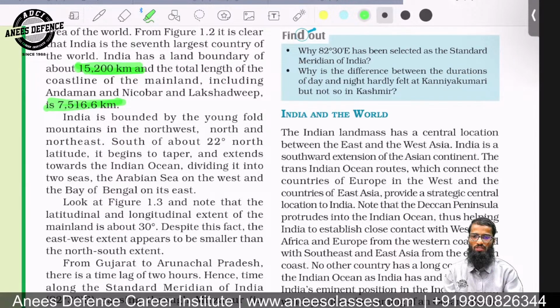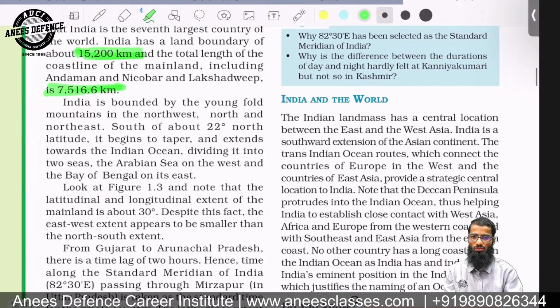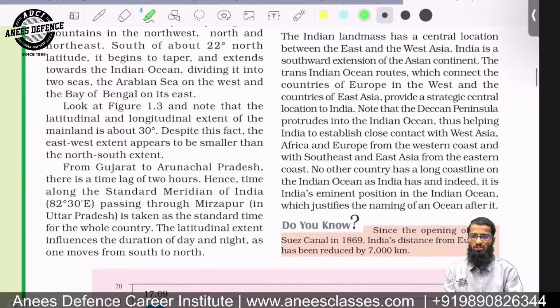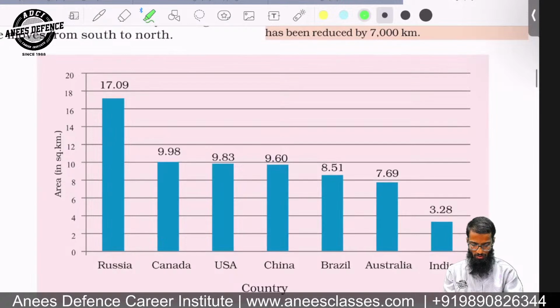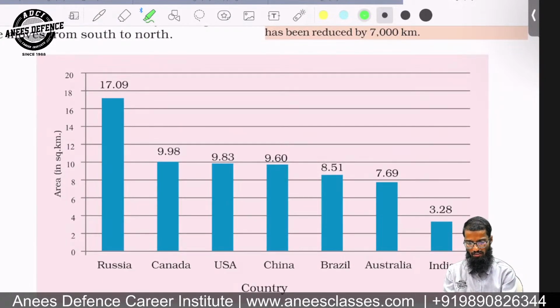South of 22° north latitude, it begins to taper and extend toward the Indian Ocean, dividing it into the Arabian Sea on the west and the Bay of Bengal on the east. So look at this graph. This is the Demographic Yearbook of 2015. This is the area. So Russia has 17.9, Canada 9.9, USA 9.8, China 9.6, Brazil 8.5, Australia 7.6, and India only 3.2 land area we have.